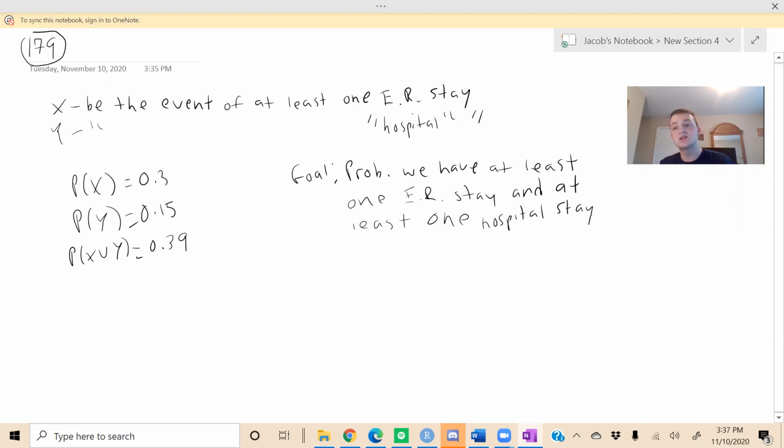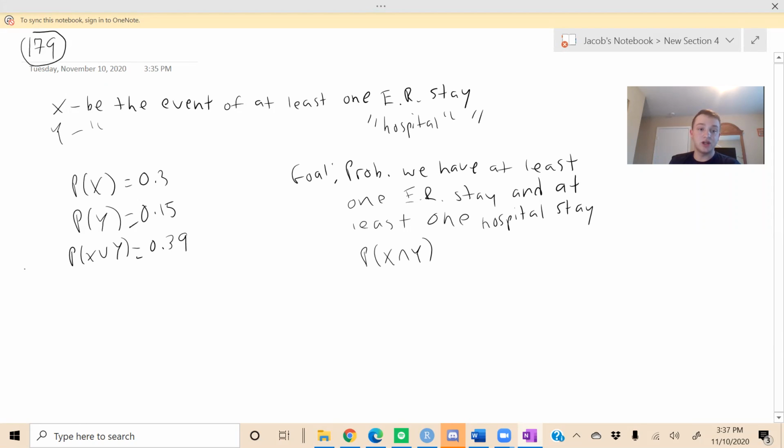Okay, so putting this goal into word form, we need to find the probability of the intersection of X and Y. Why is that? Because X and Y are the event of at least one emergency room stay and a hospital stay. And to find the probability that we have one of each is the intersection.